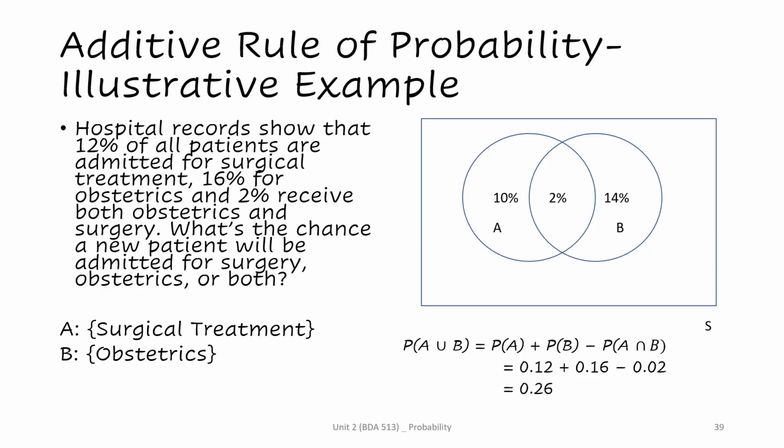So I want you to calculate the probability of somebody having obstetrics or surgical or both. Do it and let's see.